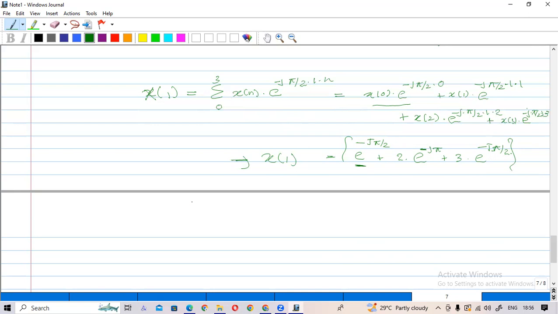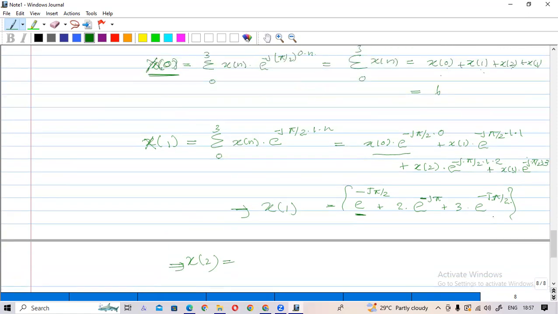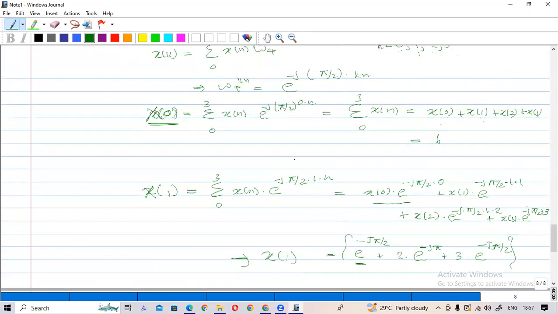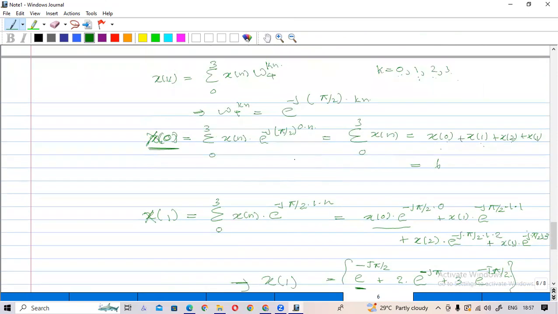Now again, you have to find X2, and in the same manner you have to find X3. So try to find X2 by yourself. Take 5 minutes, see this example and try to find that. Now k will be equal to 2. That is the only difference.